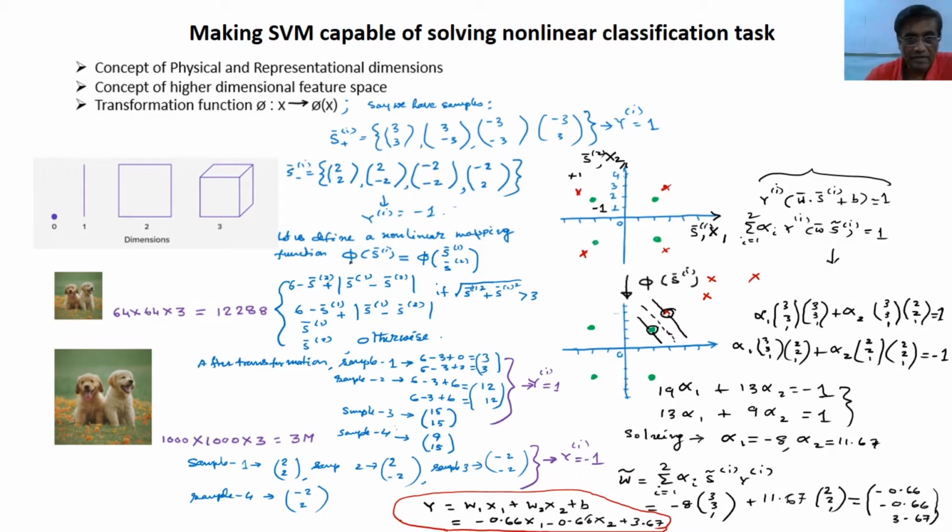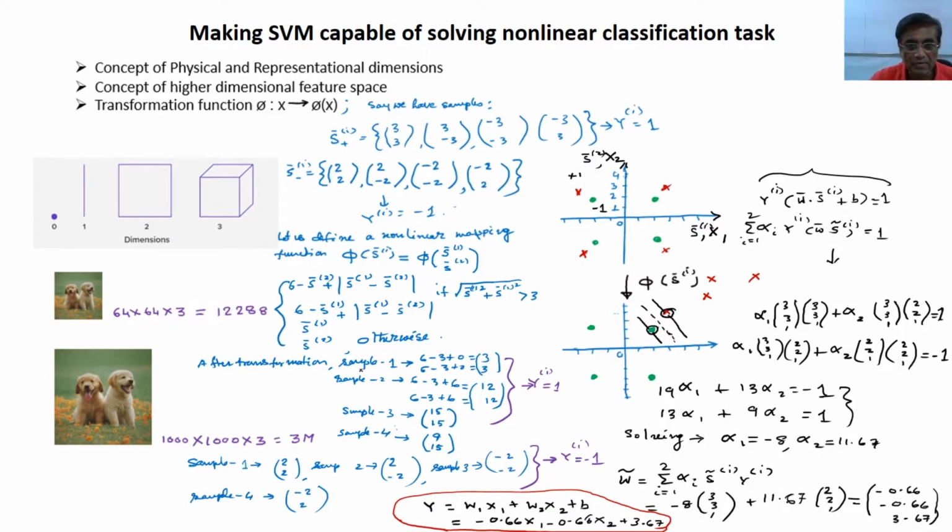So this is the definition of the function which I have created for transforming the samples into a linearly separable problem. If it is not greater than 3, then the samples remain as they are. So using this mapping function, can I transform the samples?